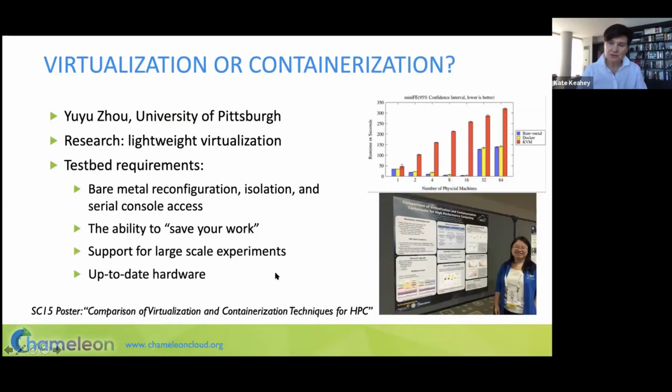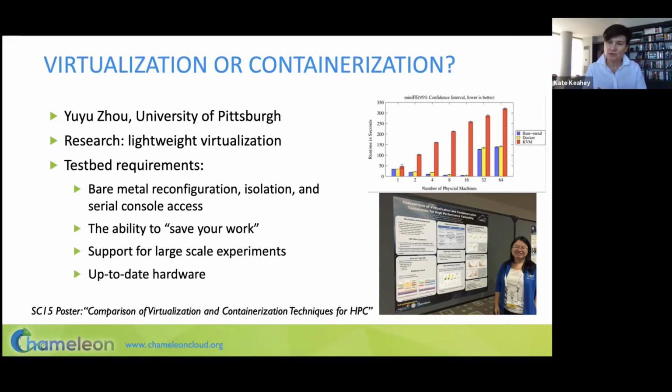Okay, and just a quick walk through different types of experiments that our users have done on this testbed over time, right? So we're going back to the beginning of the testbed. One of the first students who was working on it was Yu Zhu. She was a student from University of Pittsburgh, and she was comparing HPC applications in virtual machines versus HPC applications in containers, right?